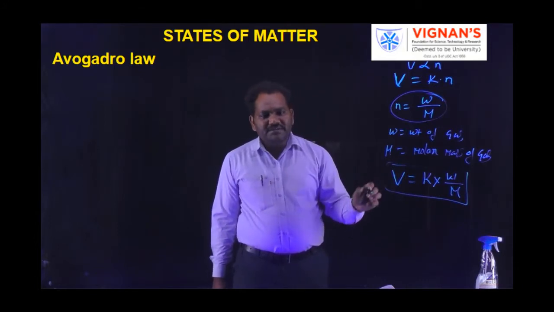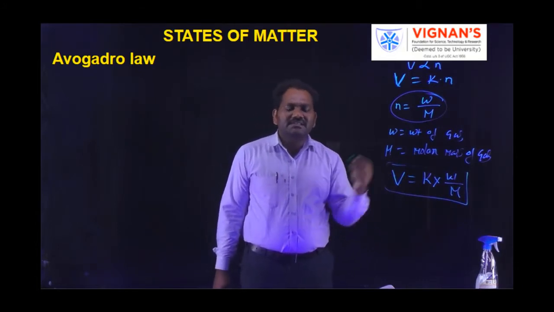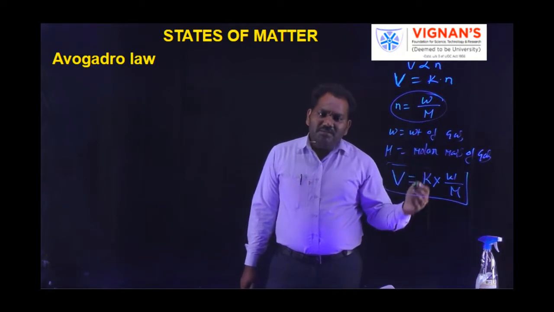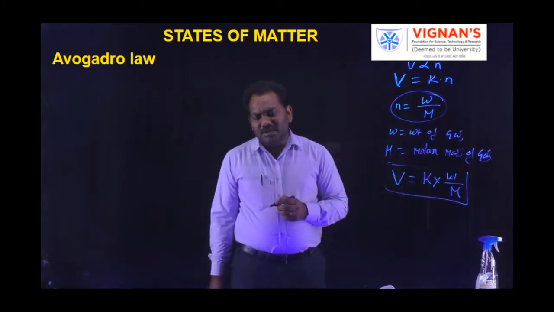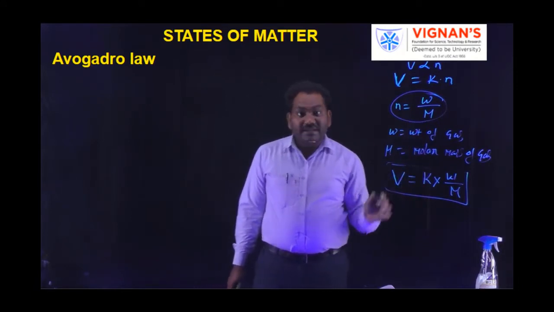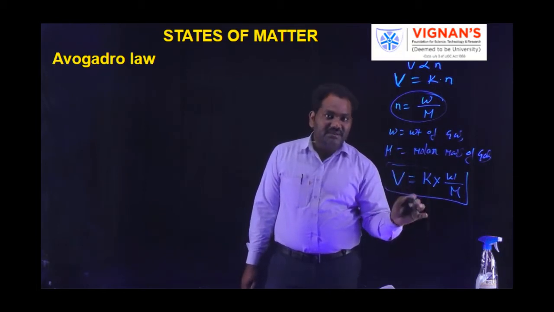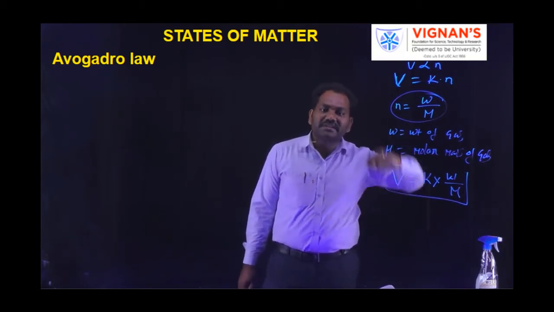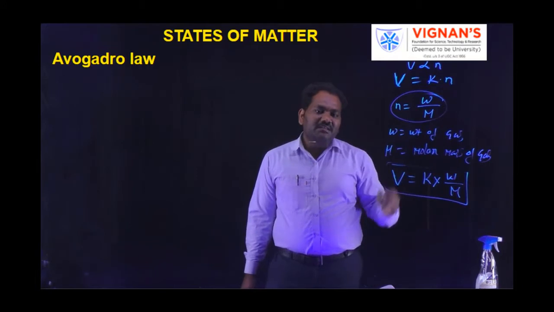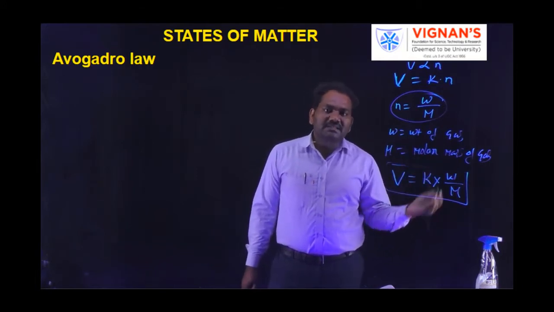From this equation, we can also derive the relationship between the molar mass and density. By rearranging this equation, we can derive a new relation between the molar mass and density.